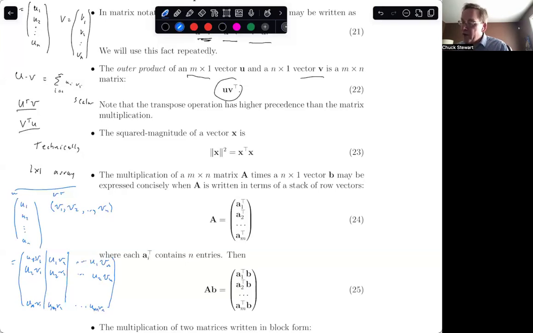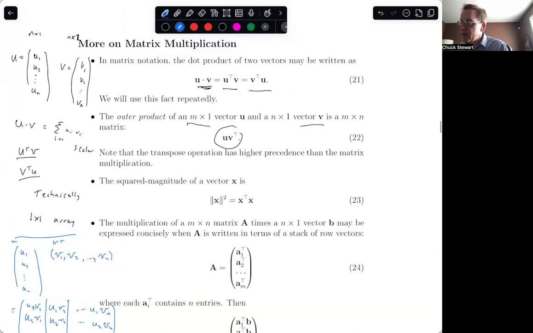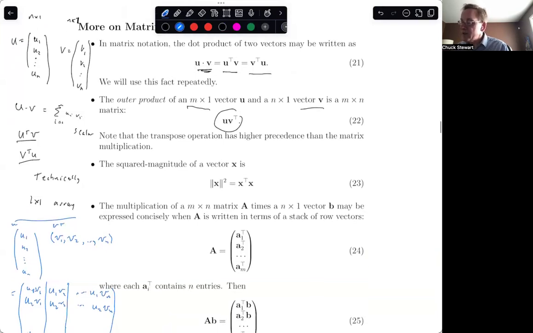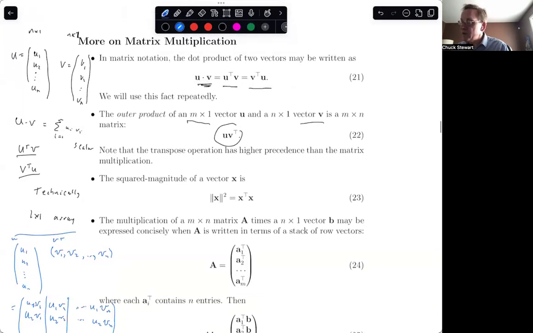Okay, so very, very important, simple matrix. This is one of those cases where the visual distance between two things does not match up with the mathematical distance. So this is U times V transpose, and this is a 1 by 1, and this is an m times n.